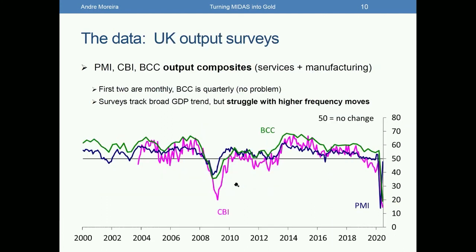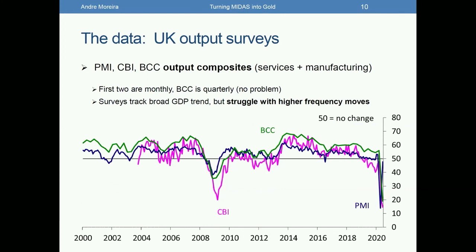Now, the other important source of data for, at least traditionally, forecasting UK GDP are these well-known business surveys of output. So things like the PMIs, the CBI surveys, and the BCCs. And here we're using the composite output balances. So that's just aggregating up the bottom-up surveys of the services sector and the manufacturing and so on, weighting them up by their respective GVA weights.